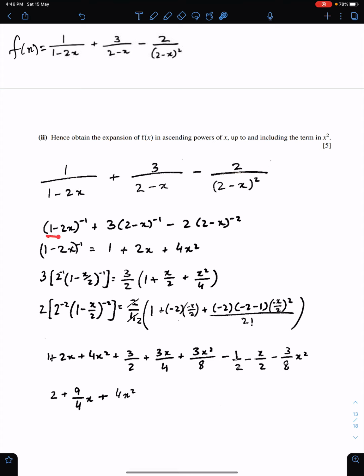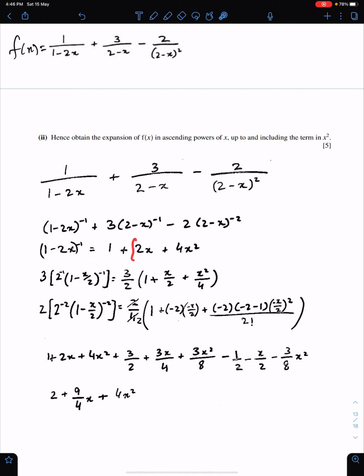and this is this simple form, simple binomial expansion, because the first term is 1 and the power is -1. The rule for negative 1 power is that we expand all terms with positive signs. So when power is -1 and we have a negative sign, then we expand all terms with positive signs.